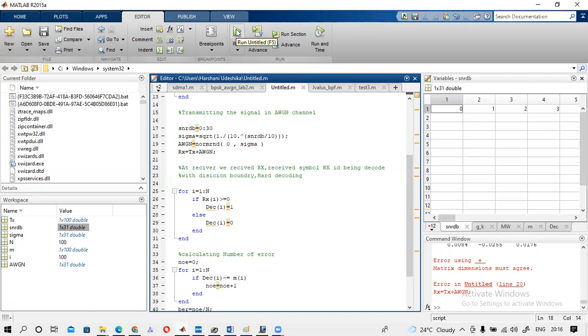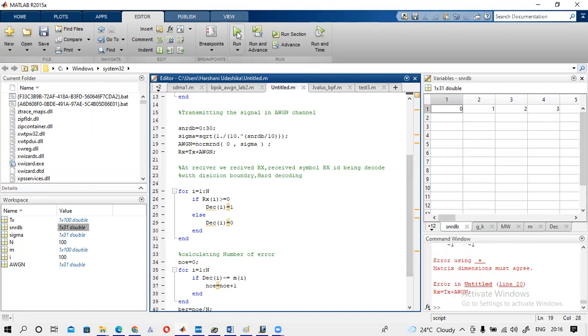Now we have to terminate this one also. It says that matrix dimensions must agree.